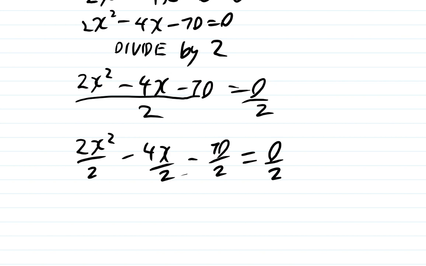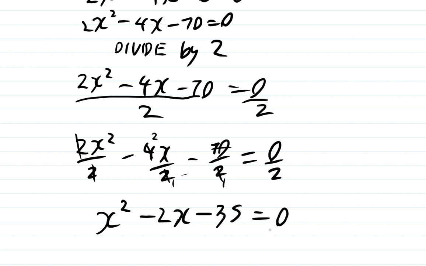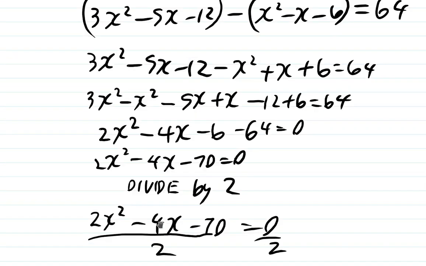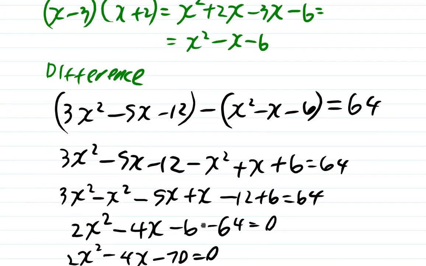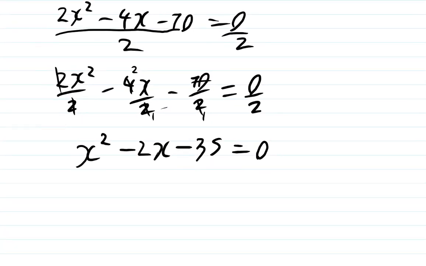So 2x squared divided by 2, the 2s cancel, you have x squared. 2 into 4 is 2, so minus 2x. How many 2s are in 70? There are 35. So it's 35, equals 0 divided by 2 is 0. So it says x squared minus 2x minus 35 equals 0. Alright, so that was successfully shown. So I can write SHOWN.